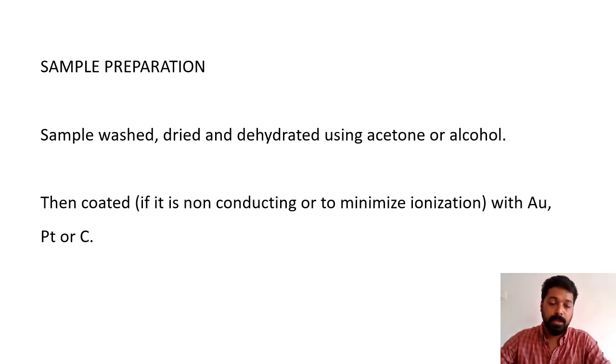Some of the samples may be non-conducting. In that case, we can use some coating like gold or platinum or carbon, because normally when you pass a high beam of primary electrons, there is a chance of ionization of the sample. To reduce this also, we can do the coating. So you can coat with carbon, or with gold or platinum, to make it more conductive.